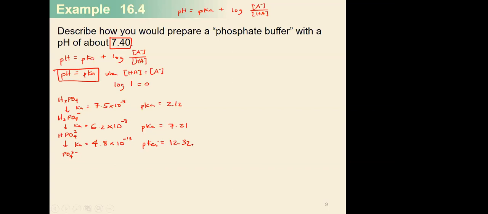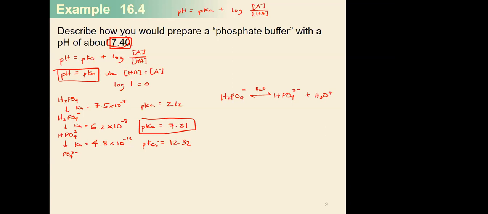Among these, which species do you think meets the pH that we need? H2PO4 minus. As you can see, the pKa here is the one that meets that need. This is the reaction of H2PO4 minus dissociating to give HPO4 2 minus plus H3O plus.